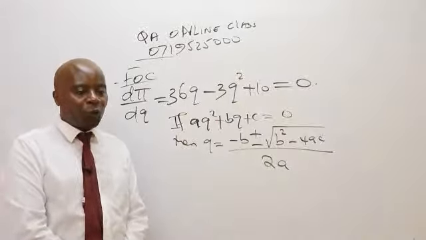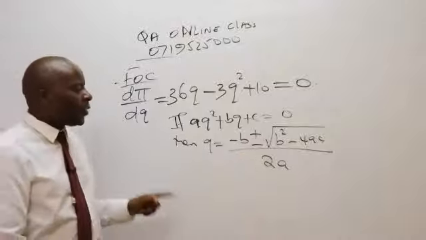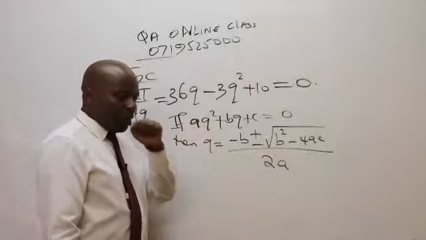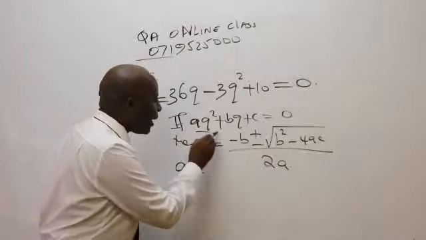So, ladies and gentlemen, having acknowledged this quadratic equation, quadratic because of the highest power here, which is squared. If the highest power, for example, was 3, we would have spoken about cubic. This is 2, it's quadratic. So the thing I need to do is define A, B, and C. A is the number that comes before Q squared.